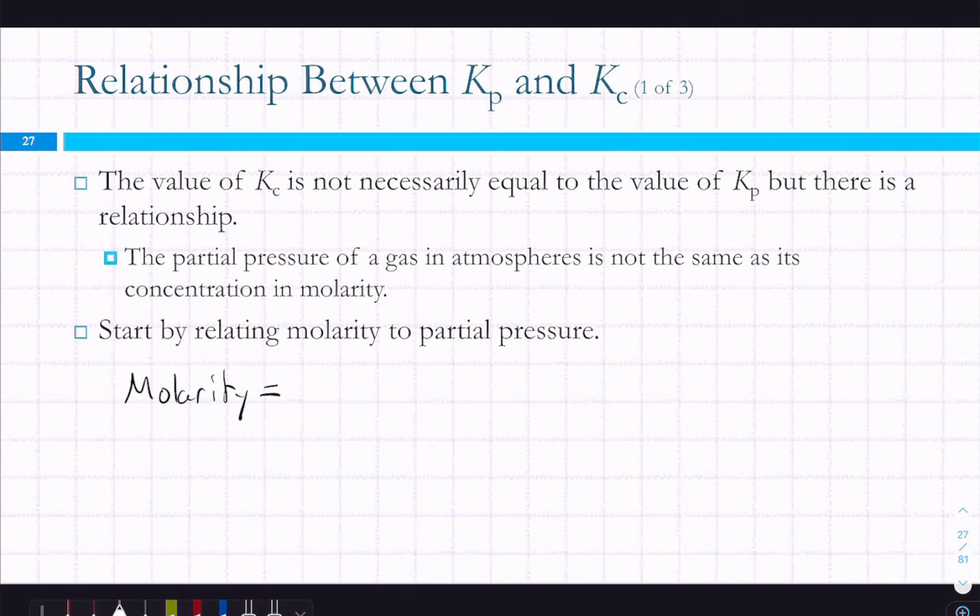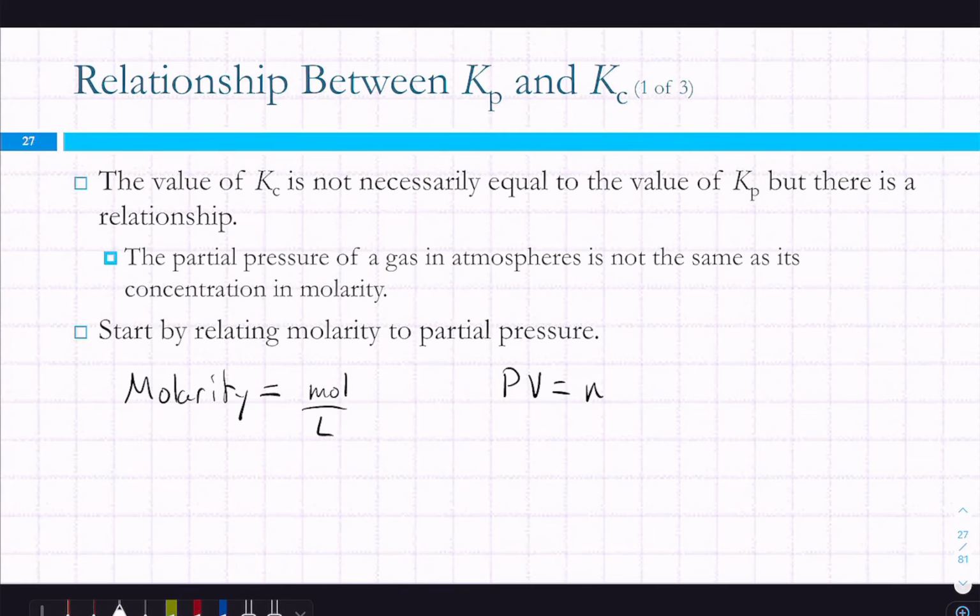What are the units of molarity? Moles per liter. So for a gas, can we calculate really pretty easily what it is in moles per liter? Any particular equation come to mind? The ideal gas law? Yeah.